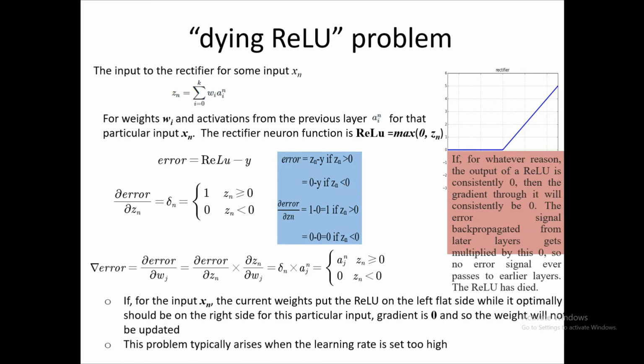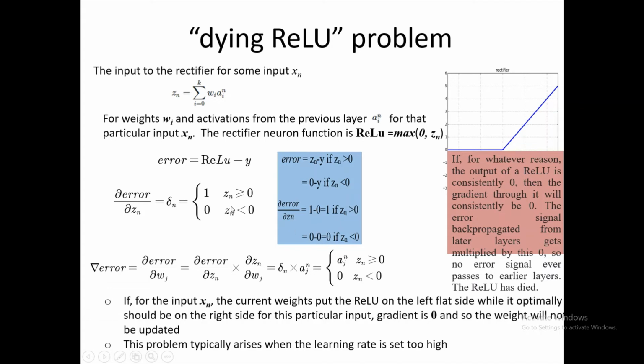When we take the derivative with respect to Zn, we get 1, because the derivative of Zn with respect to Zn is 1, and minus y is constant, so it is 0. So it will be 1 if Zn is greater than 0, and otherwise 0.